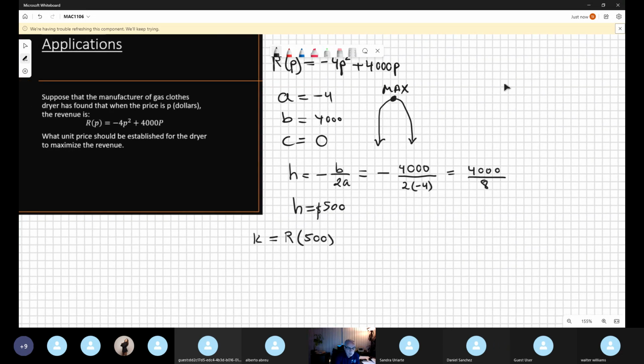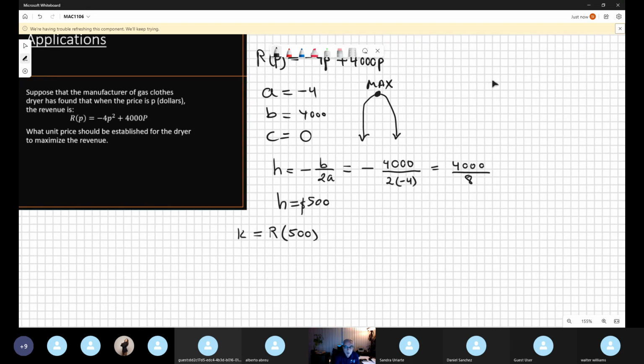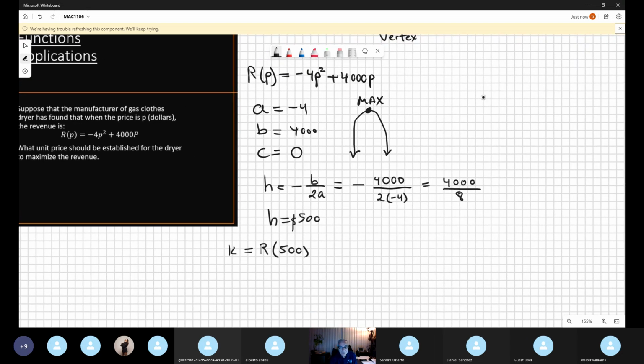The optimal price is $500. But what's the revenue? Okay. So you copy -4 times 500 squared plus 4,000 times 500. So you replace P with 500. And you put it in the calculator.